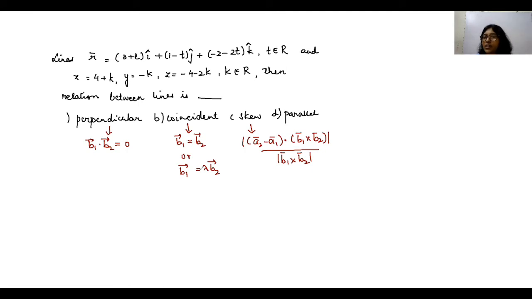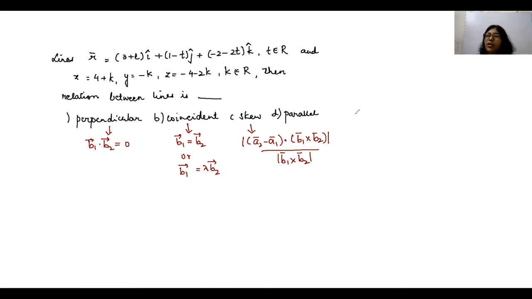If the directions are equal or multiple of each other, and if the point from here satisfies the other equation, they are coincident; if not, they are parallel. This is the condition for coincident and parallel, but for coincident, there is an additional condition that the point of the first line should satisfy the second line. The second line point should satisfy the first line. You can check for any one.